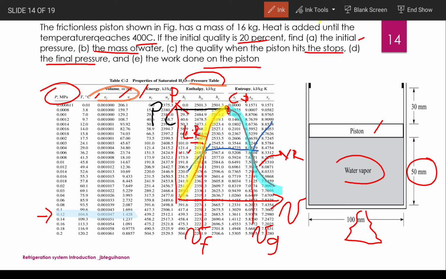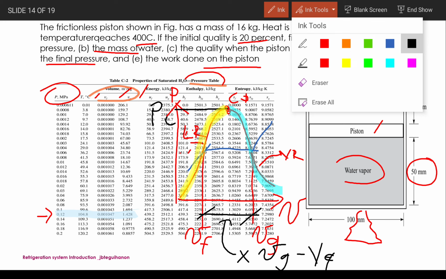This guy here is expressed in x times Vg minus Vf. Sorry, I'm going to erase it.